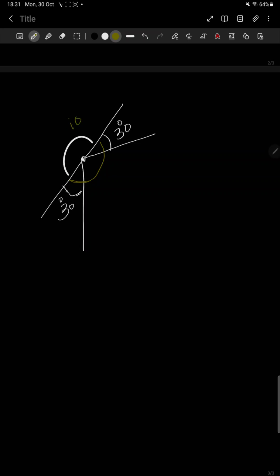So this is 180 degrees because it is a straight line, and the bottom one is also 180 degrees, but two angles are cut down from it. So to find the unknown angle X, we will write X is equal to 180 degrees minus 30, again minus 30. These two angles will be subtracted from it. So what will be the answer? 180 minus 30 is 150. 150 minus 30 will give us 120 degrees. So the angle X is equal to 120 degrees.